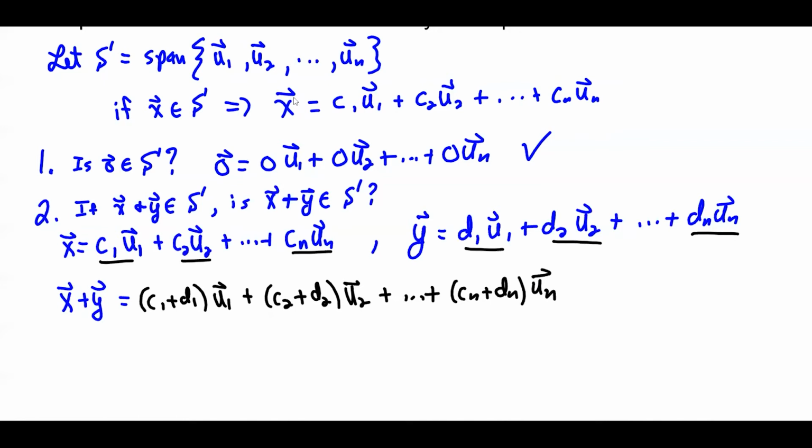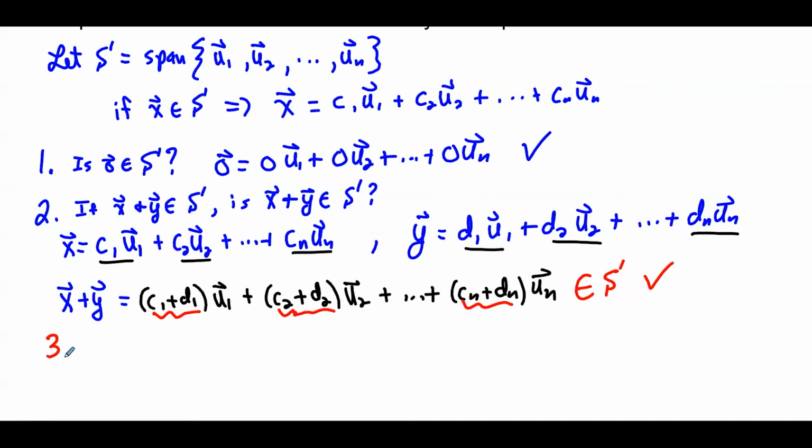And if C and D are constants, then C plus D is just another constant. So these are just scalars. And S is all linear combinations of these vectors, and this is just one of those linear combinations. So this also has to be in S. So that means that's satisfied.